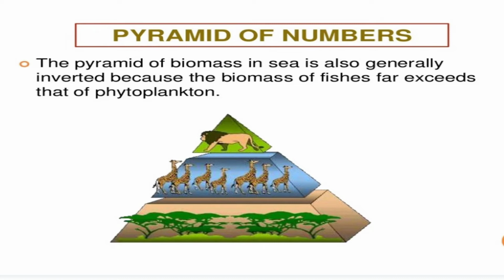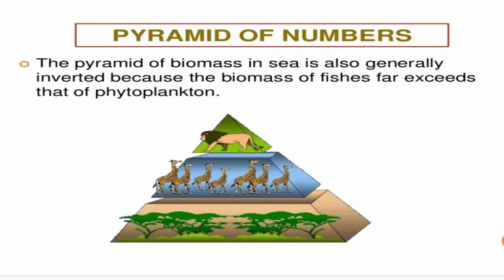On an average, the primary producers, the autotrophic green plants, are small in size but very large in number at the base of the pyramid, representing trophic level 1, because these have to provide food to the animals of trophic level 2, which are smaller in number than the plants at trophic level 1, but larger in size.